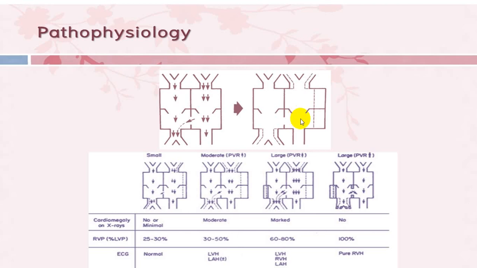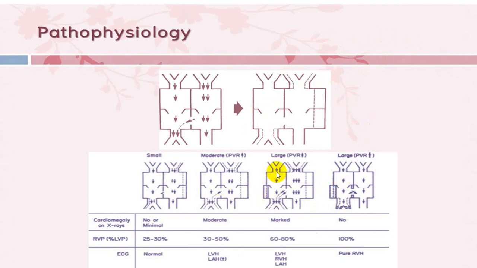All that blood from LV will be partially ejected into aorta, and major blood will go into RV because the resistance is less. So you will have a volume overload on RV. We have already explained that because of volume overload, now there will be right ventricular dilatation and hypertrophy. RV pressure will be elevated because of pulmonary pressure elevation, and then the shunt will stop, no longer shunt, and now you will come across a stage where the shunt stops.